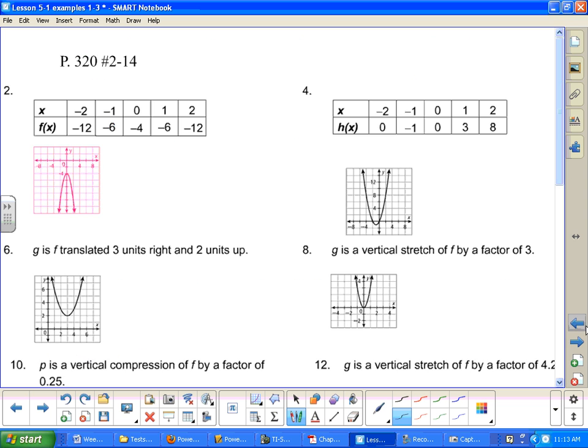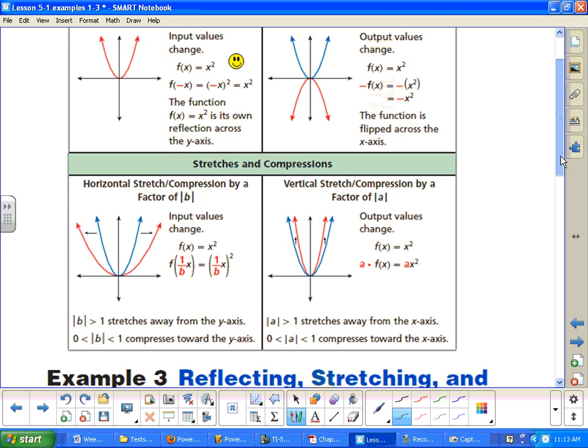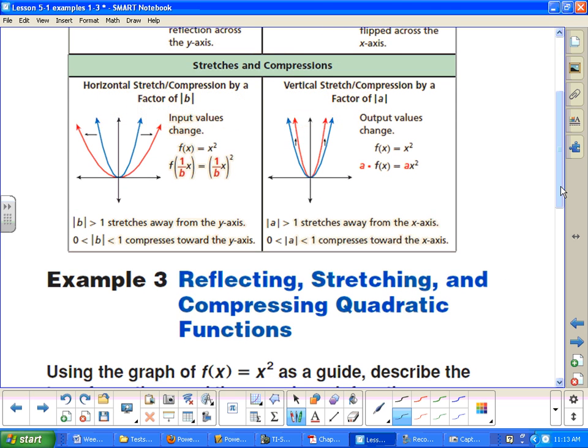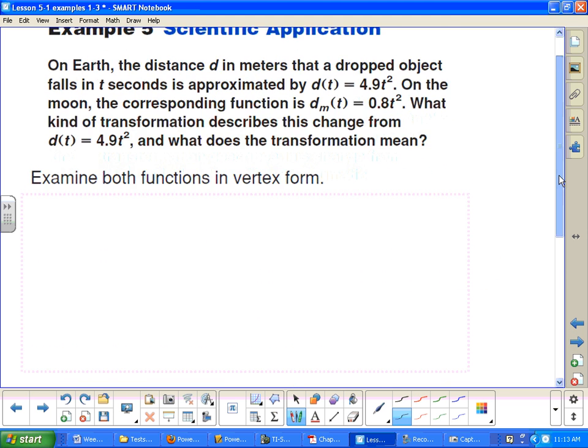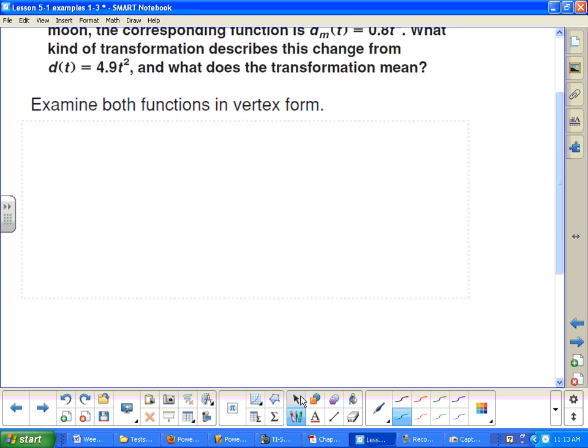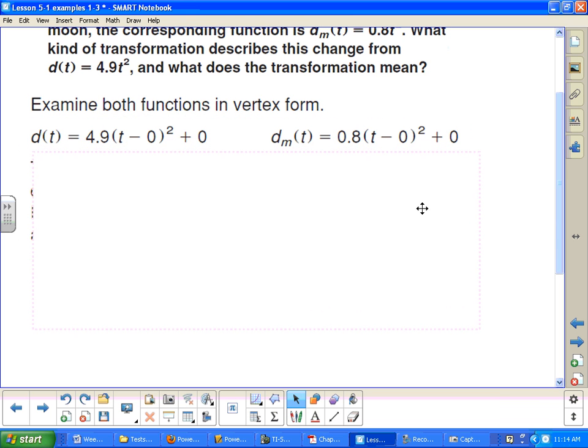So we went back over here the other day, said, okay, if I have a number right in front of x squared or t squared or whatever it is squared, that's our value of A, the stretch or compression. So if I write these in vertex form, then they're going to look like this. Okay.